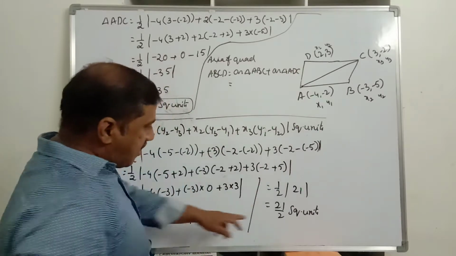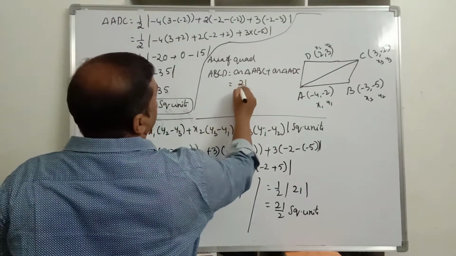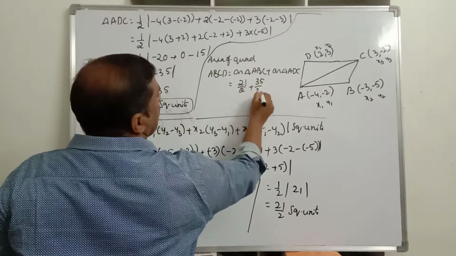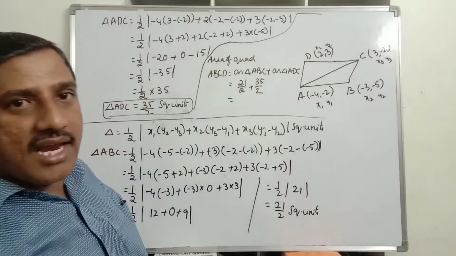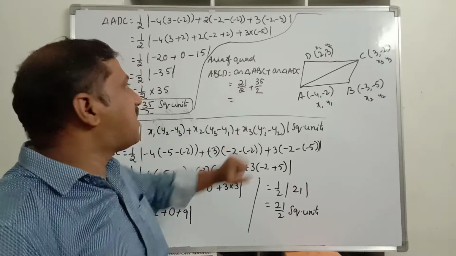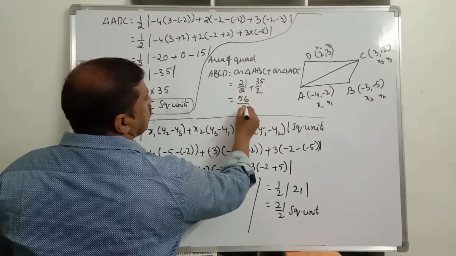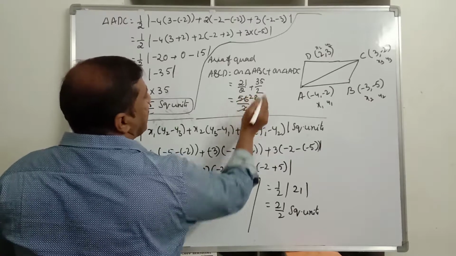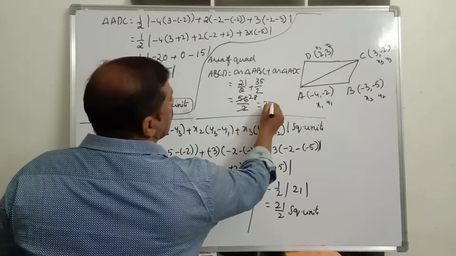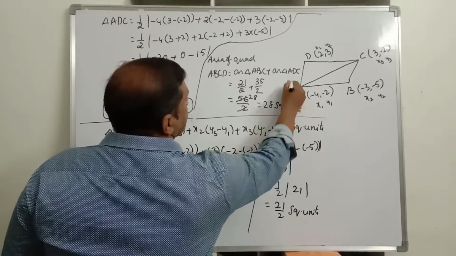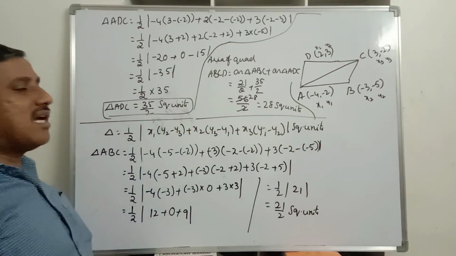That is, ABC is 21 by 2 plus ADC is 35 by 2. Both are fractions, so add the numerators: 21 plus 35 is 56 by 2, which is equal to 28 square units.